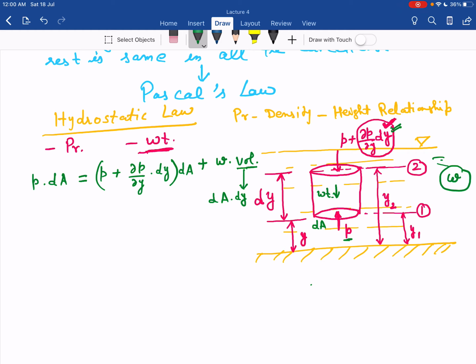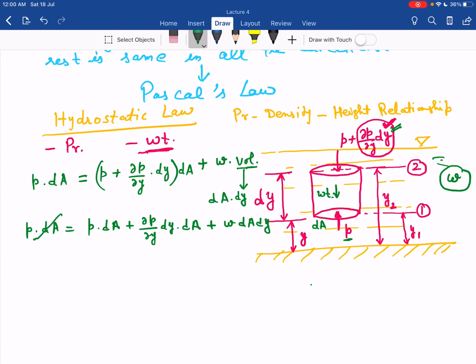So W dA dy is the weight of the element. So we can write again: P into dA equals P into dA plus ∂P/∂y into dy into dA plus W dA into dy.